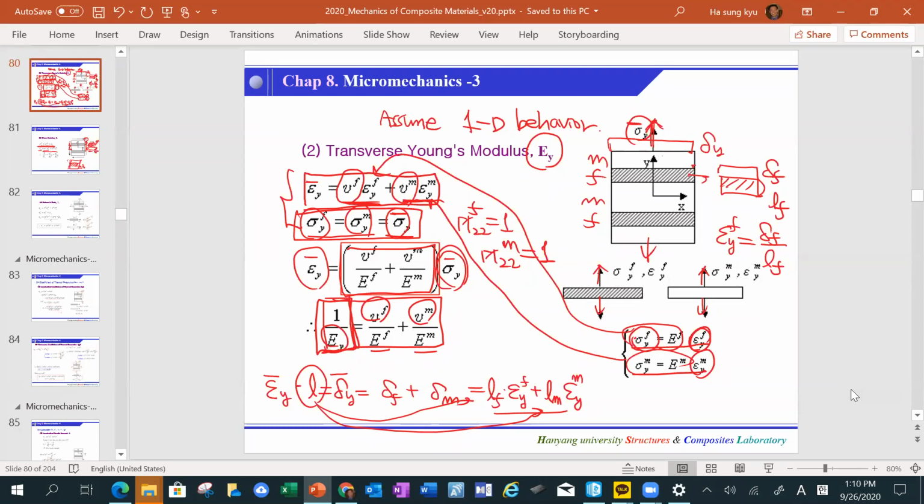We were doing, as I said, some micromechanics. In this subject, there are two main goals.